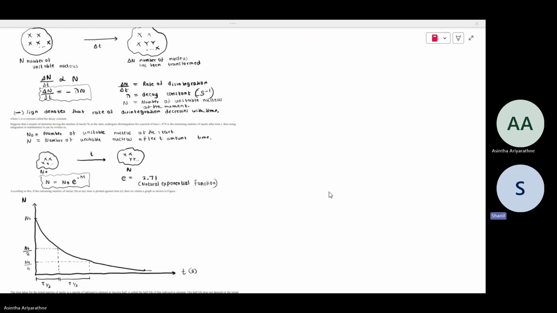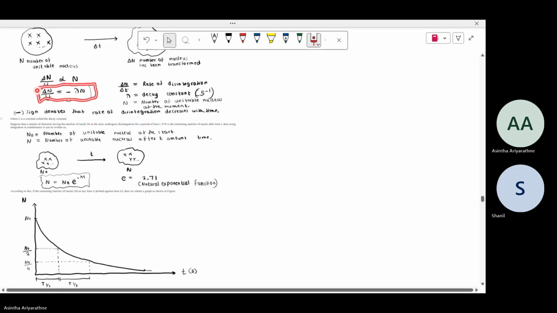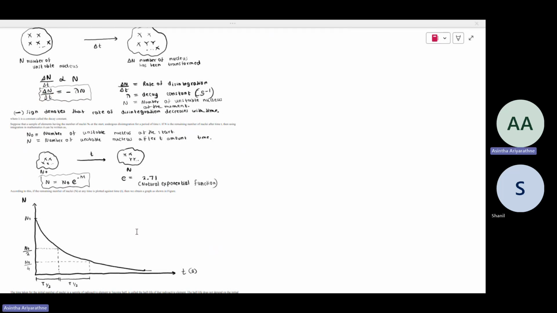In the second one, the integration equation, is delta n the same as n or something else? Which equation are you referring to?